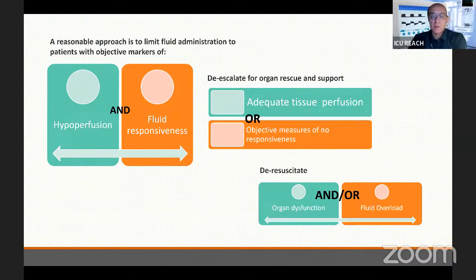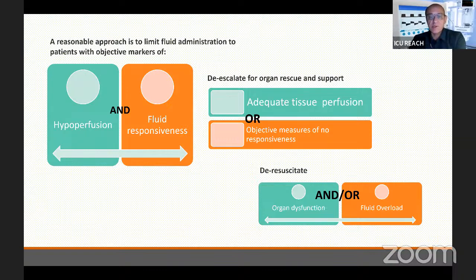I just put a blog post on ICU Reach, and the summary of that is that one size does not fit all. I think you need to individualize your care to your patient, and the two parameters, hypoperfusion and fluid responsiveness, need to be together in the resuscitation phase to decide to give fluid.